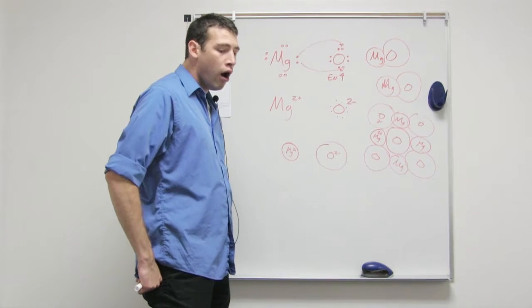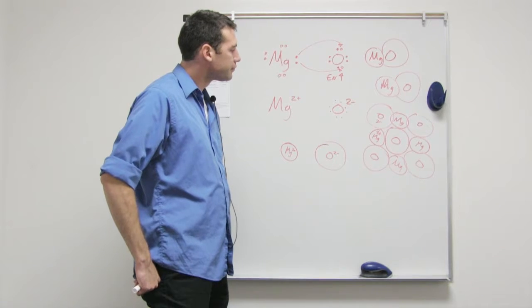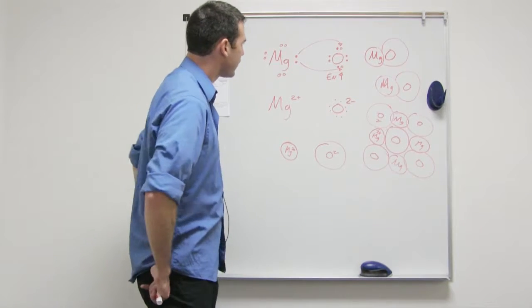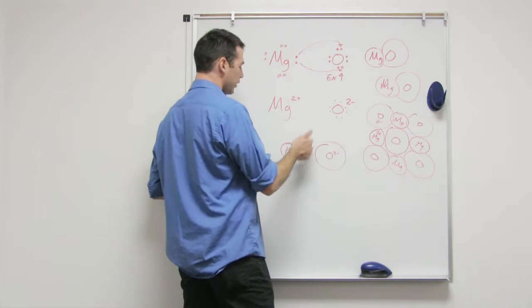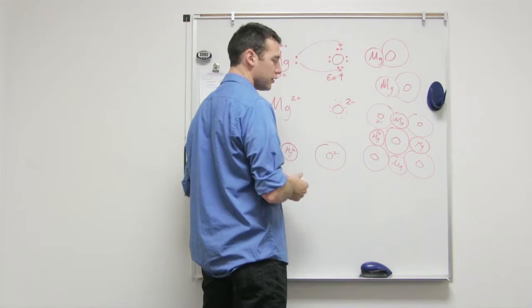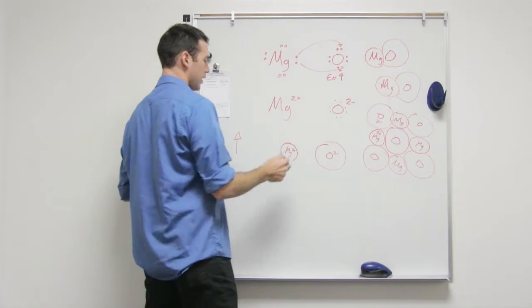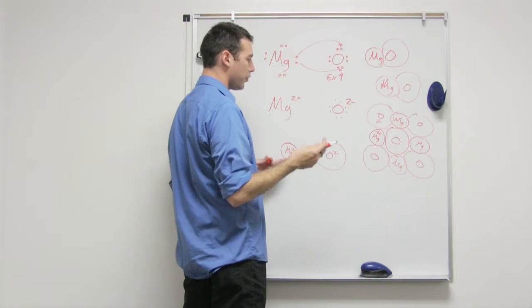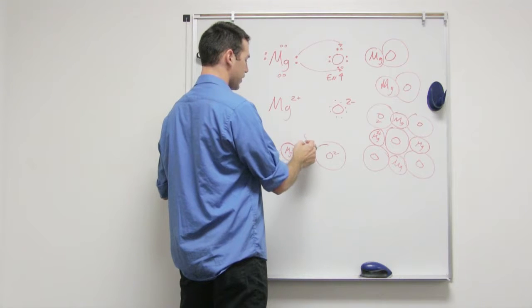Okay, number 3. Analyze what happens to the ionic network as you increase the temperature. As you increase the temperature, because these guys are only held together by this attraction, they will start to vibrate more and more as they absorb more energy, to the point where they'll actually separate.